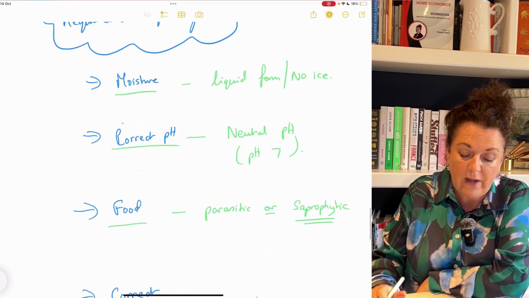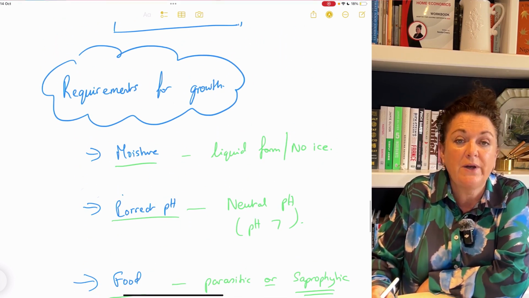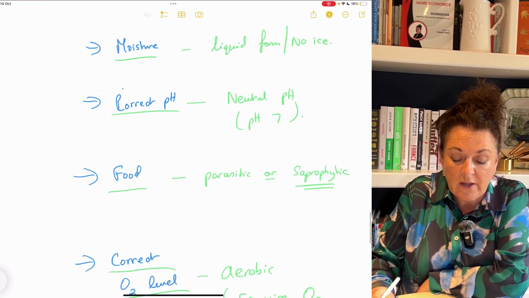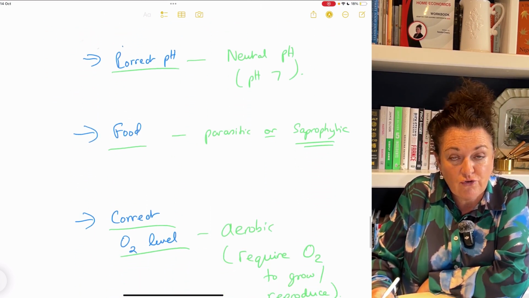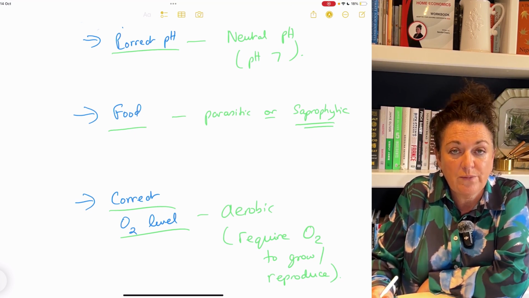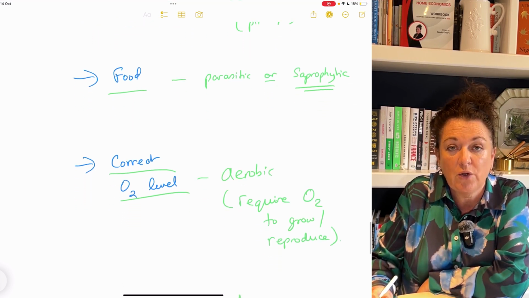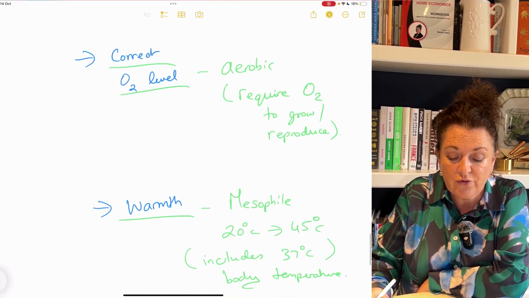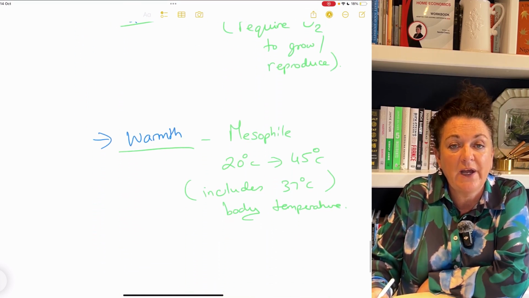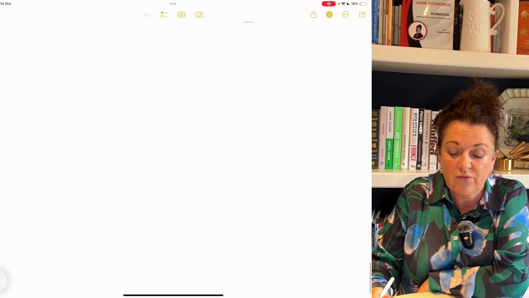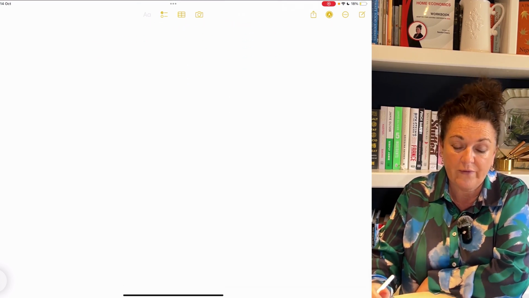So just to recap there, we have moisture in a liquid form. For their metabolism, they cannot use ice. Correct pH, neutral pH of 7. They're parasitic or saprophytic. We looked at mode of nutrition, saprophytic. E. coli 0157 secretes enzymes into food, breaks down the nutrients, etc. They happen to be aerobic in terms of their correct oxygen level, and they're mesophiles regarding warmth.